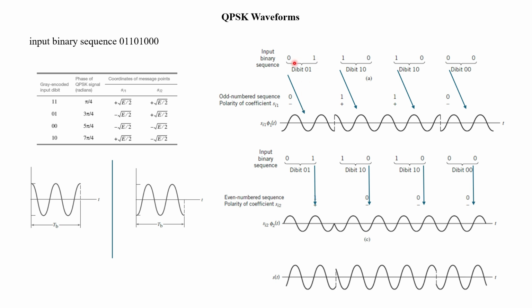Always for the odd bit here, we are going to use the cosine in-phase and out-of-phase signal. Since the first odd bit is 0, I am transmitting the out-of-phase cosine signal for Tb duration. The next odd bit is 1 here.